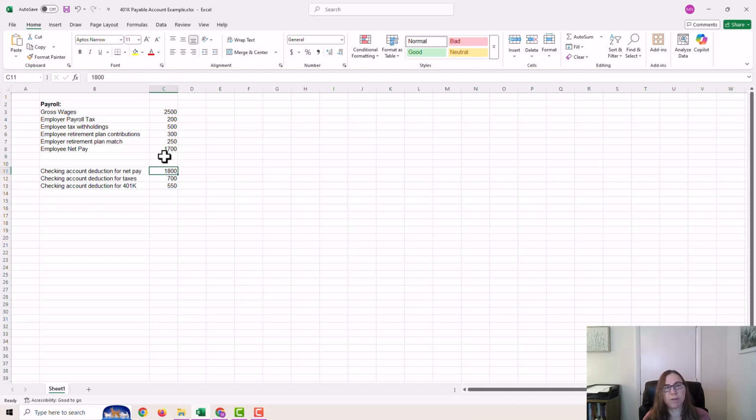And then if you're using a payroll service, you might have a checking account deduction for net pay of the employees for their direct deposits. You might have a checking account deduction for taxes, which would be where the employer is going to have to pay their portion of any taxes, and then the employee withholdings are going to also have to be sent off to pay those taxes.